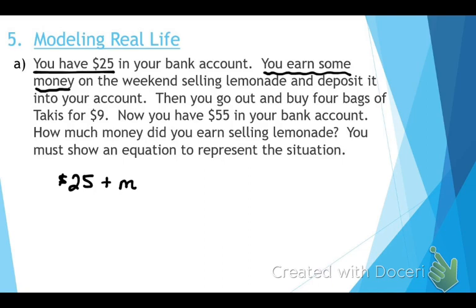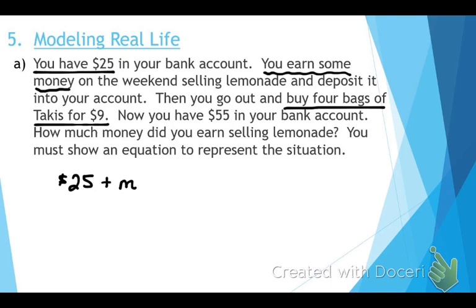Okay, now we're going to keep reading through our sentence to figure out what else we need to know. It says, then you go out and you buy 4 bags of Takis for $9. So, buy 4 bags of Takis for $9. Guys, what happens to that $9? You subtract it, okay? Because I went to the store.